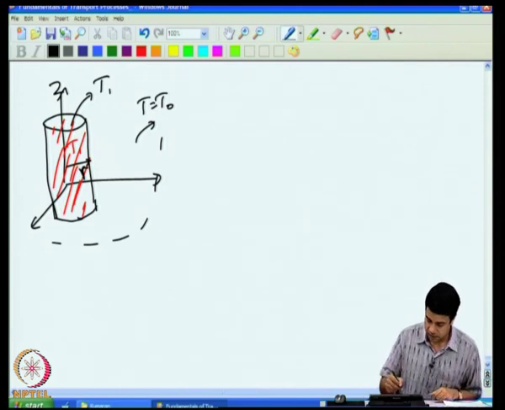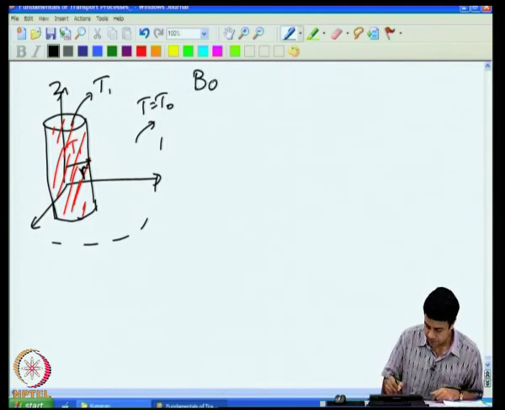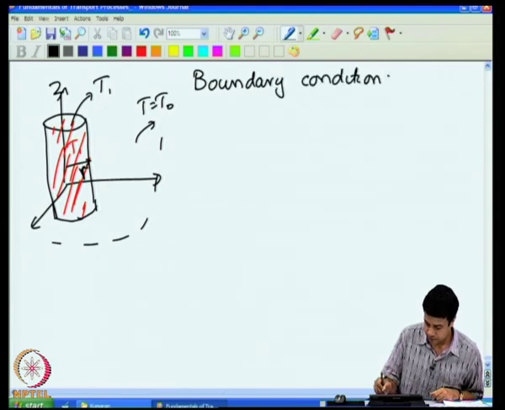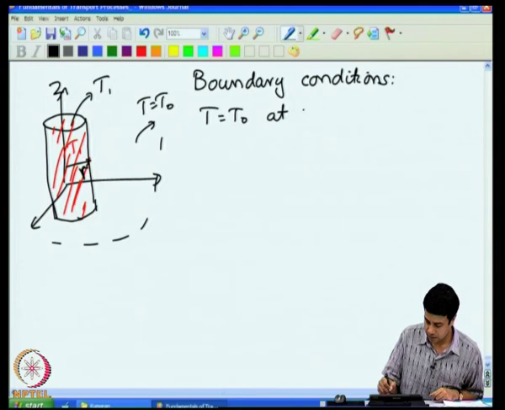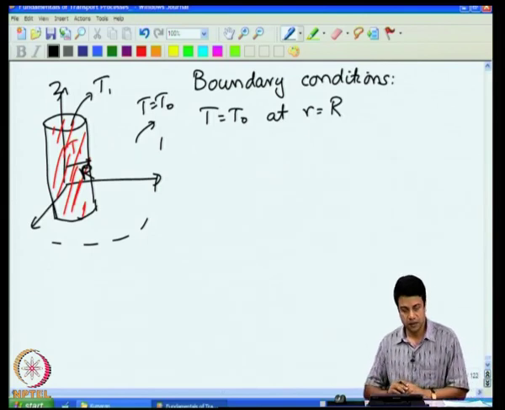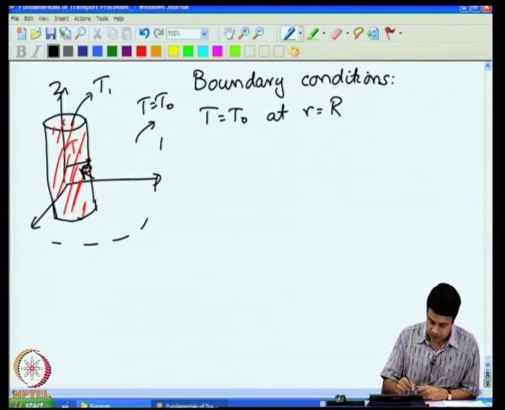So, the boundary conditions: T is equal to T naught at r is equal to capital R, if capital R is the radius of the cylinder.